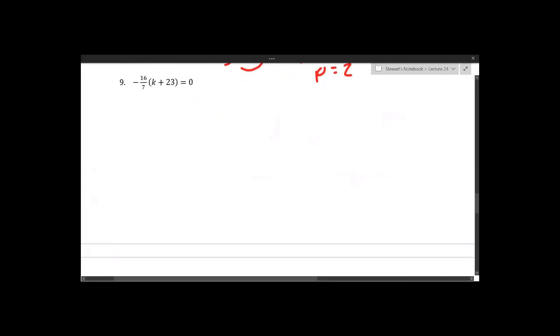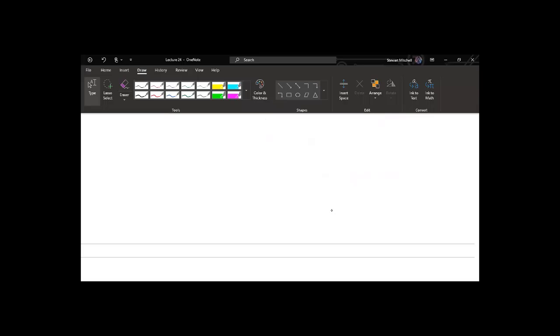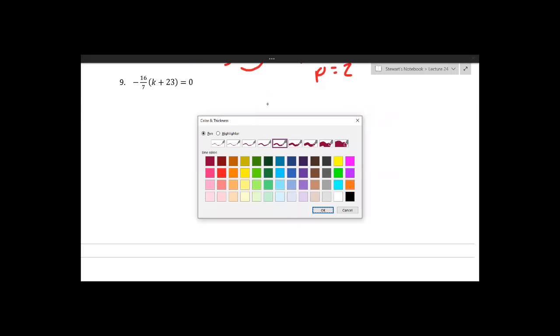Okay, so we have 16 times the quantity k plus 23 equals 0. Excuse me. And in this case, since we have just one number on the right-hand side, rather than distributing, it would probably make more sense, since there's only one number on the other side, and there's nothing being added or subtracted from that quantity in parentheses.